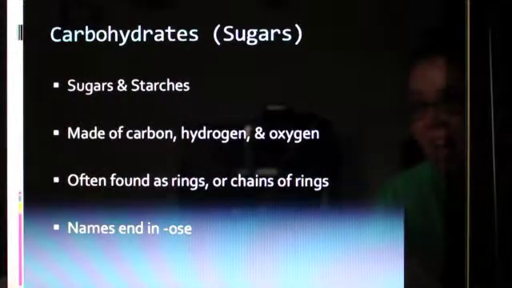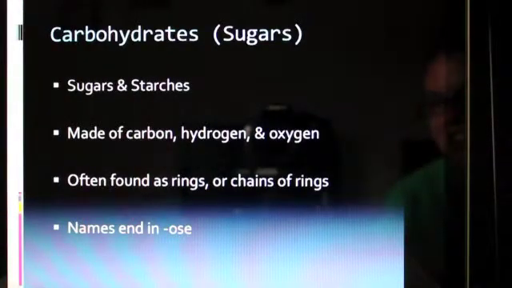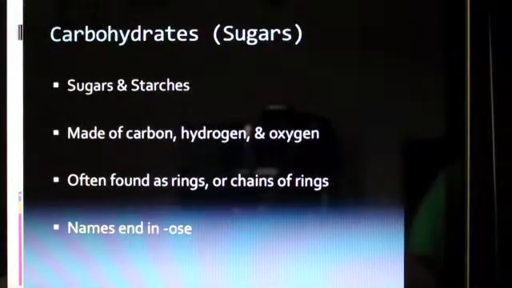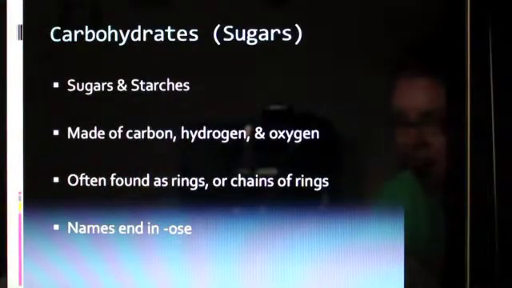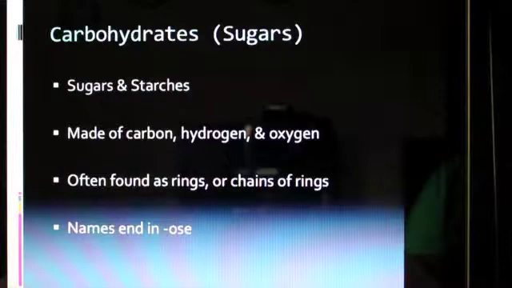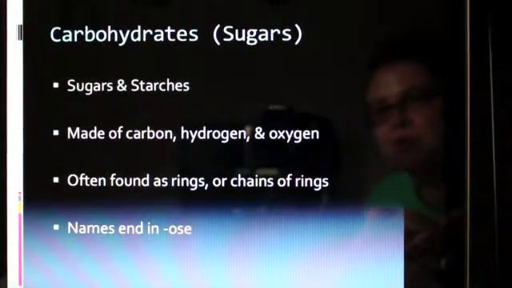These are your sugars and your starches. They're made of carbon, hydrogen, and a little bit of oxygen thrown in there to flavor things. They're often found as rings or chains of rings, and you know you're looking at a carbohydrate if it has a name that ends in -ose, like sucrose, fructose, glucose, galactose.